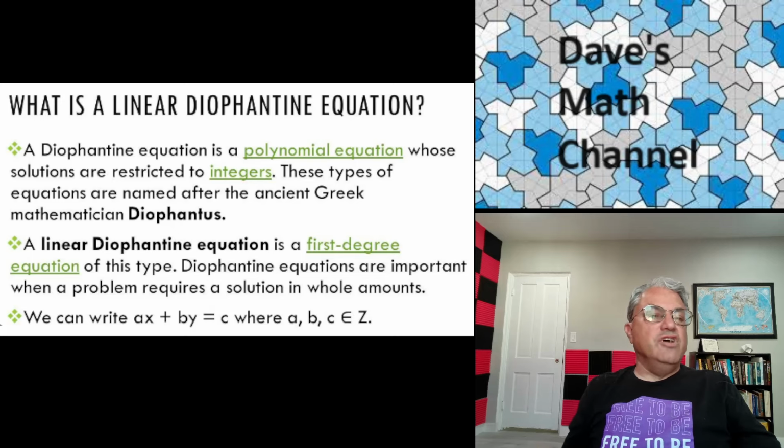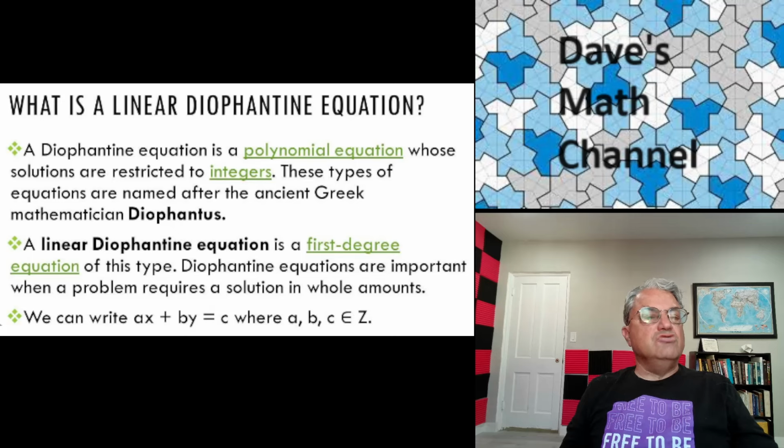I guess first I have to define what a Diophantine equation is. And by the way, number theory is all about solving Diophantine equations or systems of Diophantine equations. So a Diophantine equation is a polynomial equation. That means it's an equation in terms that are like powers of its variables.